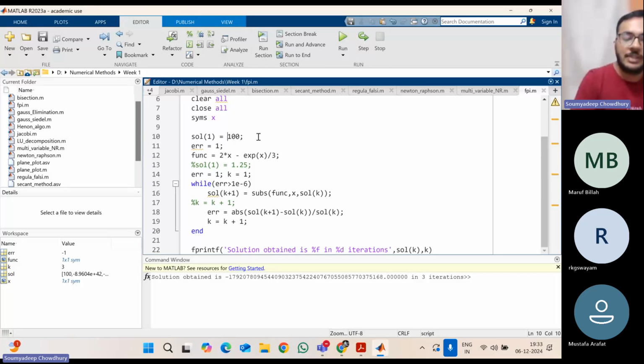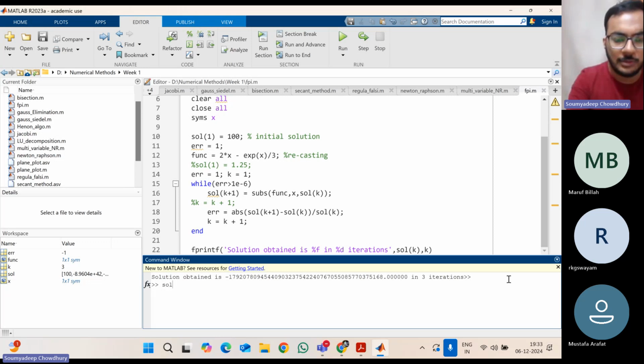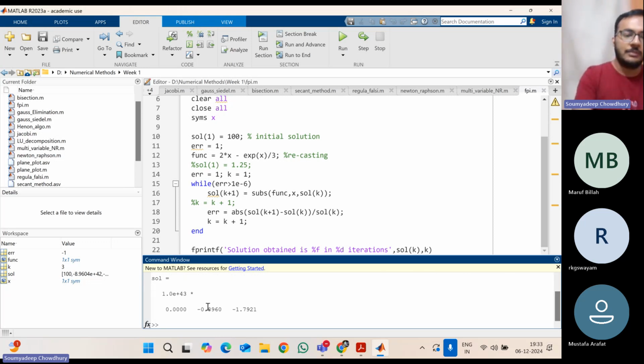Based on the initial guess, this is the initial solution, and based on the initial solution and this recasting function, your solution will depend. So here it is diverging, or it is totally out of my actual solution. If I see the values of the solution I got, they are in the order of 10 to the power 43. So it is clearly visible that it is diverging.